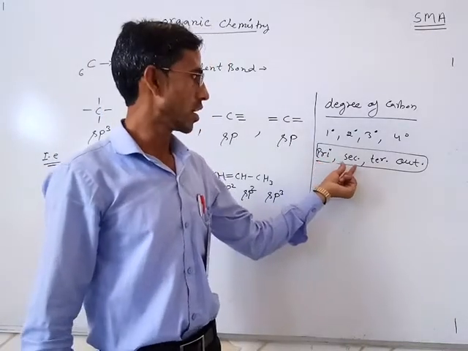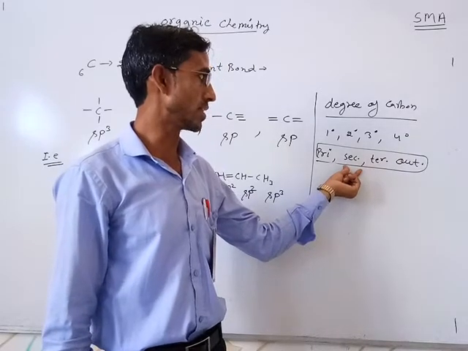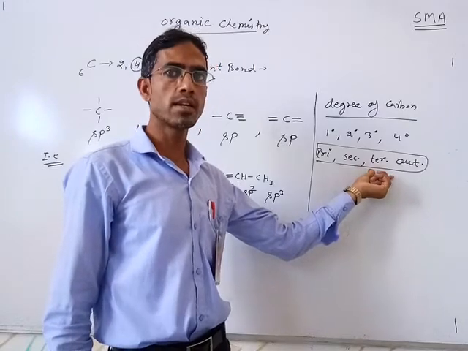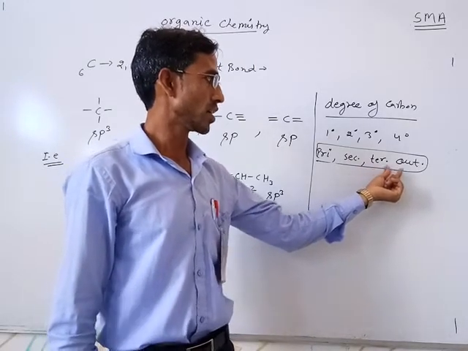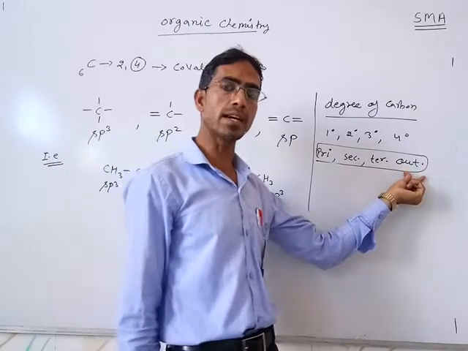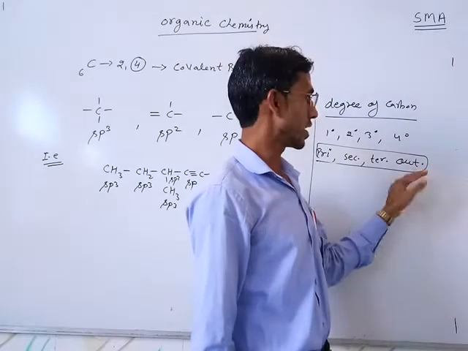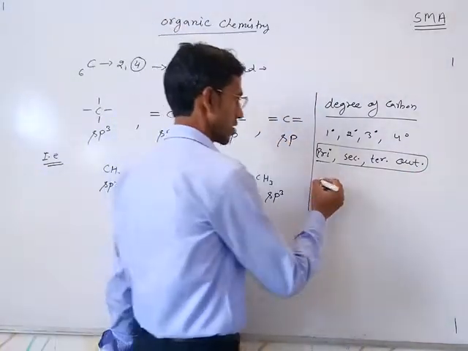If attached to 2 alkyl groups or carbon atoms, it is secondary. If attached to 3 carbon atoms, it is tertiary. If attached to 4 carbon atoms, it is a quaternary carbon atom.